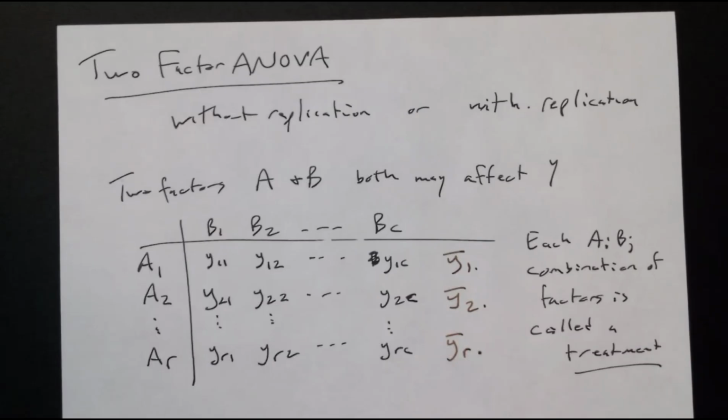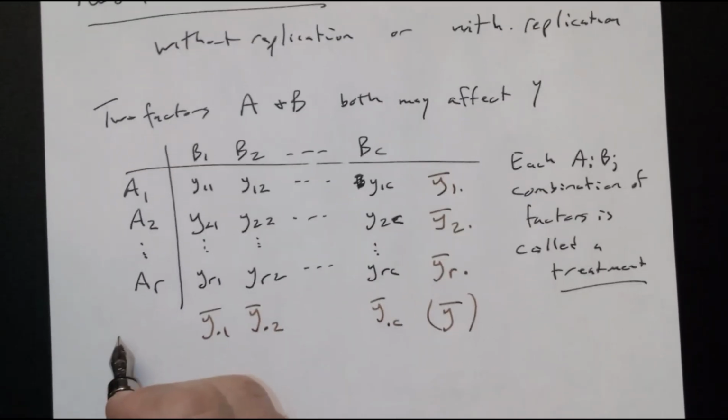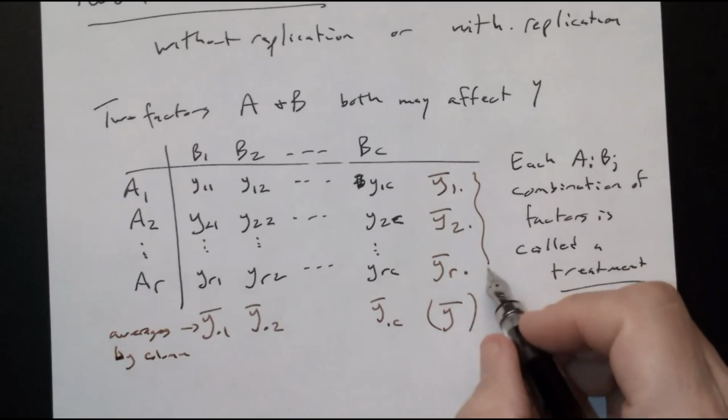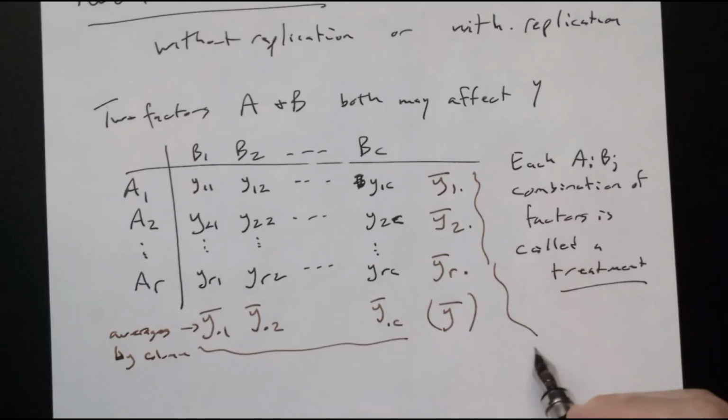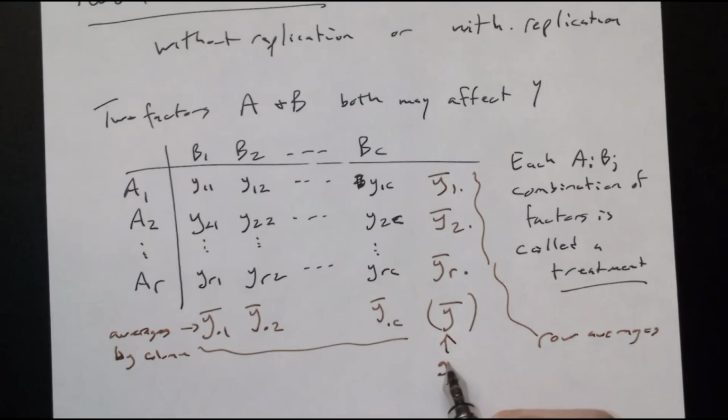There's a dot there on purpose to indicate that that is for the row and no column number. Down here, I'll have y bar dot 1 and y bar dot 2, and I'll get y bar dot c. And then overall, I'll have some big grand average for everything. So these are averages by column. These are averages by row. This is my grand average.